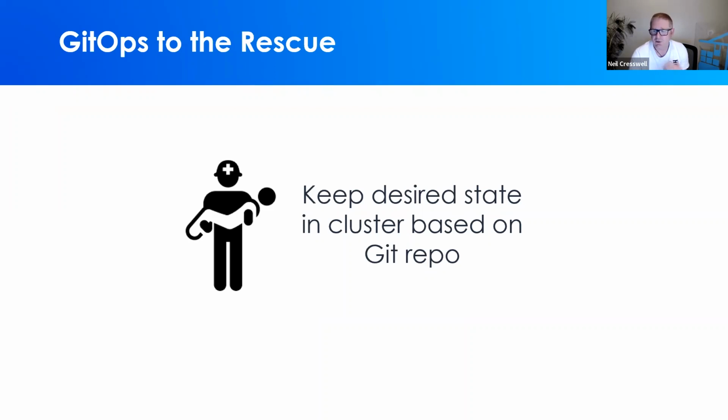So GitOps's whole ethos is to ensure that what was asked for through the actual deployment process is what's running and is what always remains running. That what's running in the cluster is never allowed to deviate from the definition that's held in Git. So if an admin or a user wants to make a change, they don't make a change in the cluster, they make a change in Git, and the change is then propagated through to the cluster.